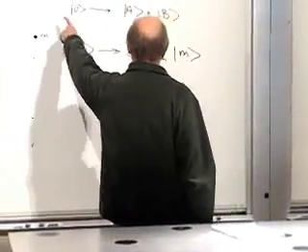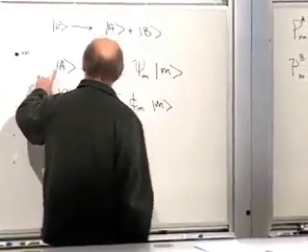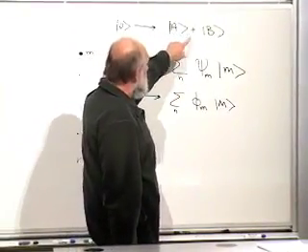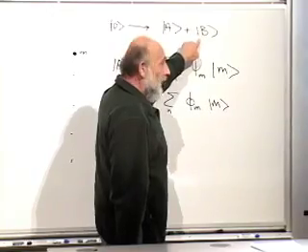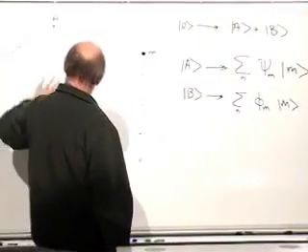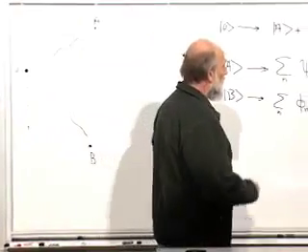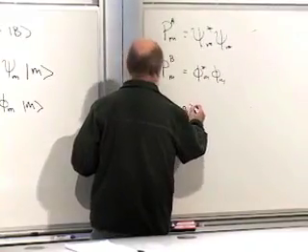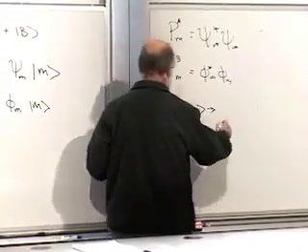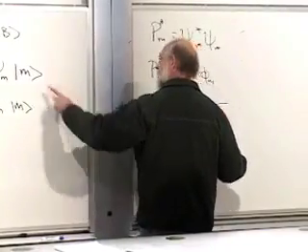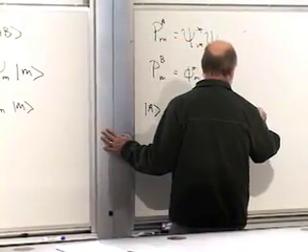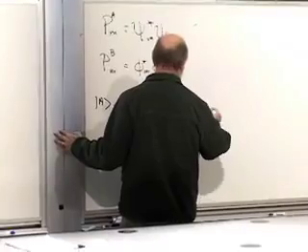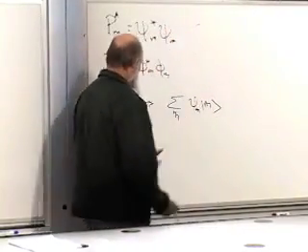In quantum mechanics, what we have to write is that if we start at A, we get to here. If we start at B, we get to here. But if we start with the state A plus B, which the electron is sort of equally between these two, then A plus B will go to the summation of psi sub m plus phi sub m times m.